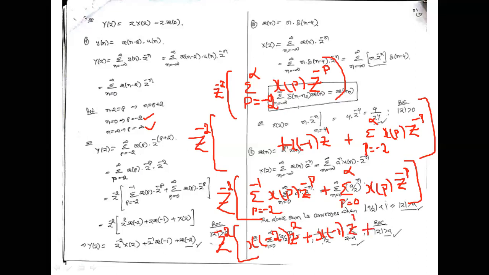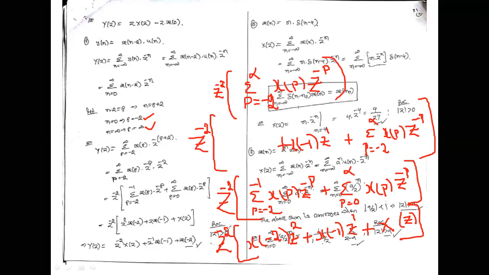Got it, my dear students? Plus, and this total function, you see here, is the unilateral z transformation only, x of z. Got it? That is the way we got it. Internally we have minus 1 and minus 2 taking their functions, and 0 to infinity the other function x of z.